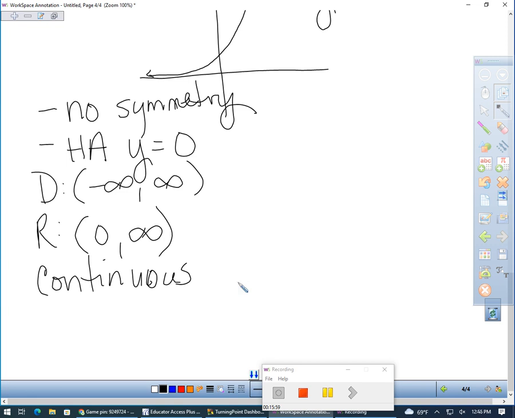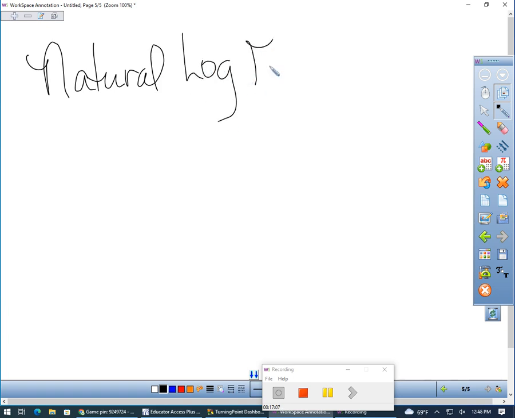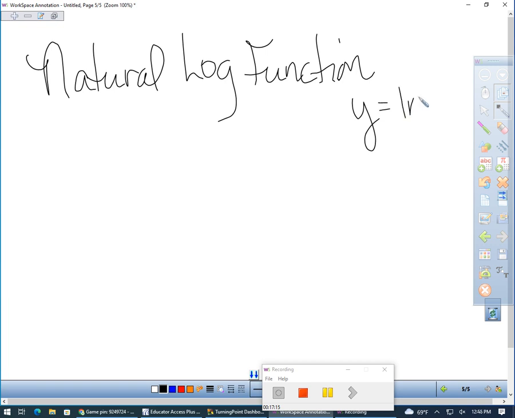All right, let's go to function number 7. That is the natural log function, or y equals the natural log of x.